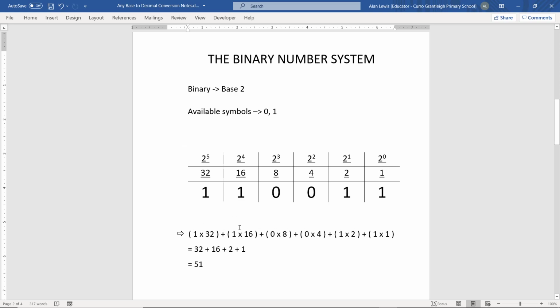So I've got 1 32, 1 16, no 8s, no 4s, 1 2, and 1 1. I've just read those out of the columns here.